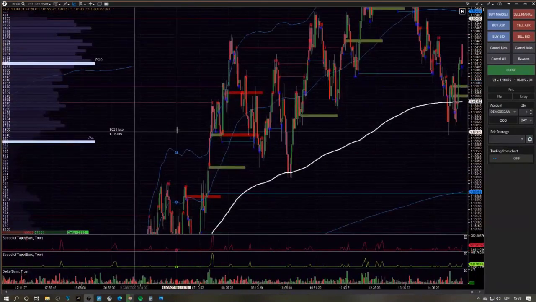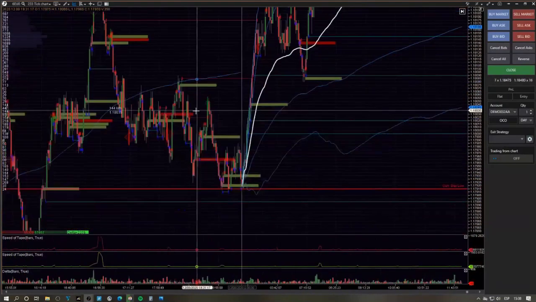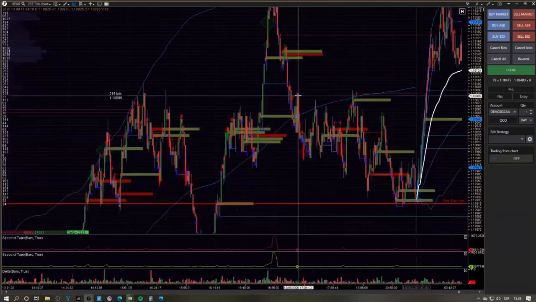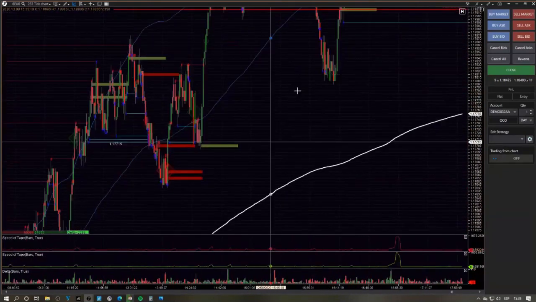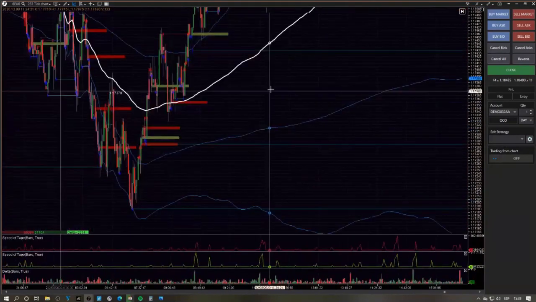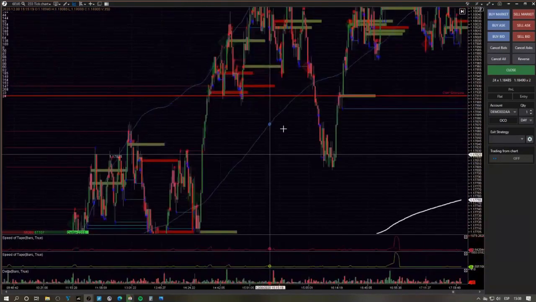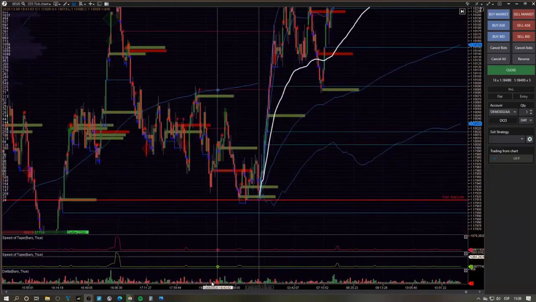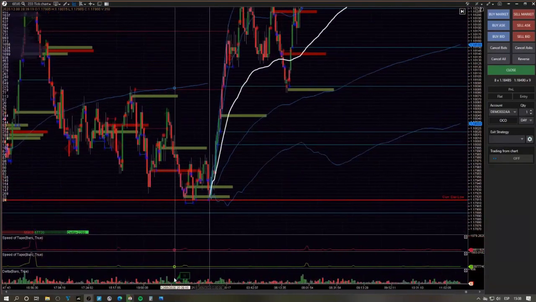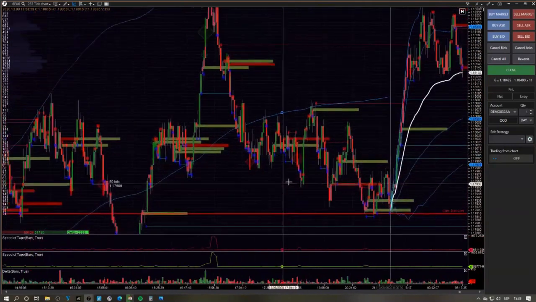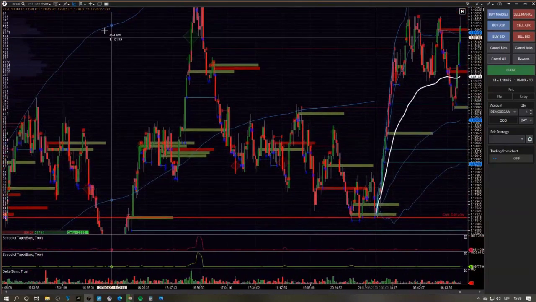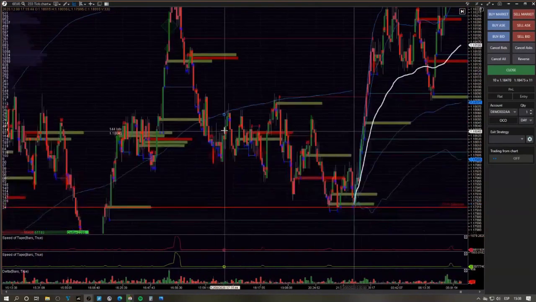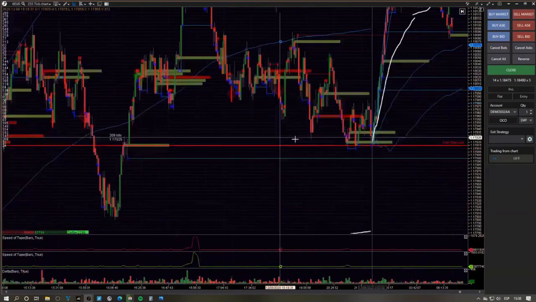Let's take a quick look and analyze a little bit what happened with the euro in the last session. You can see here, and what I like to do, as always, is try to spot where the volume is, where the traders' most interest was, which price they traded the most. So I do that by just looking at the rotation on the chart.